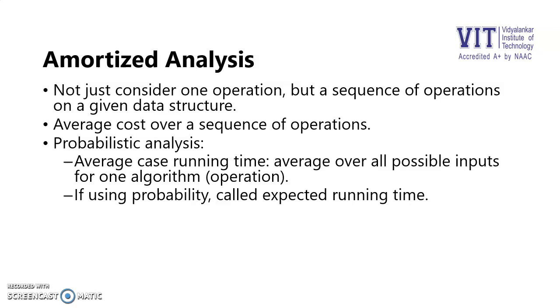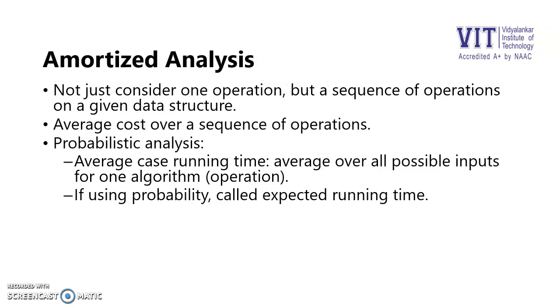But in amortized analysis, we will not conclude on the basis of one single operation. We will calculate the time required for all n such operations and we will divide it by the value of n.